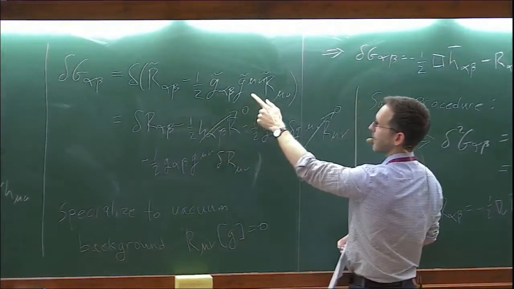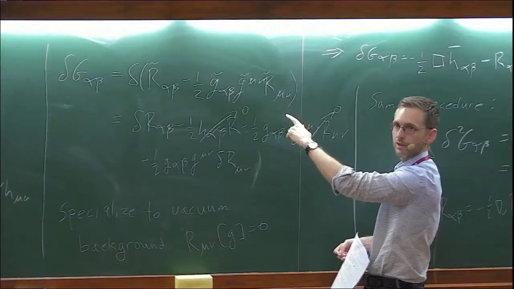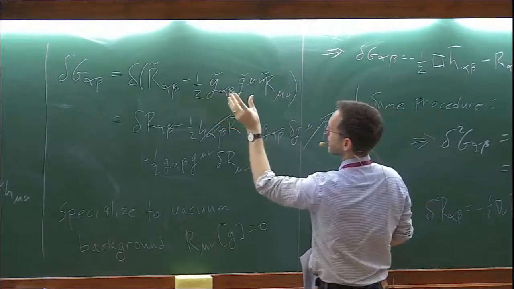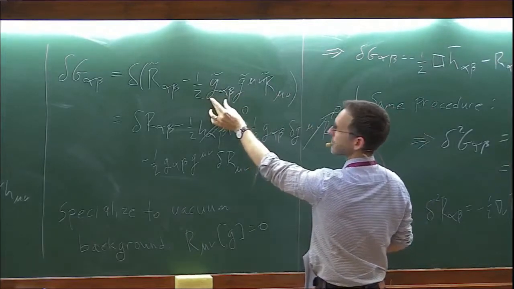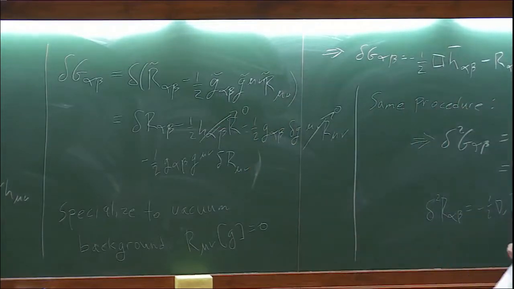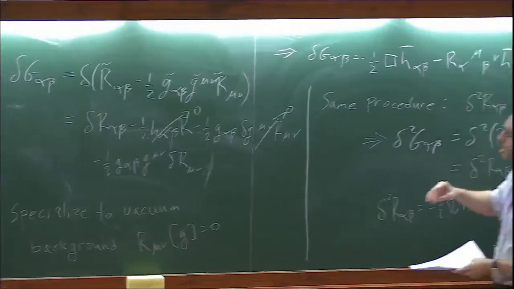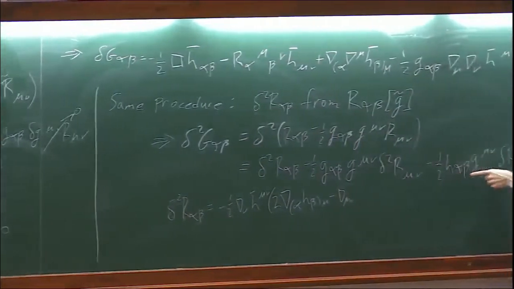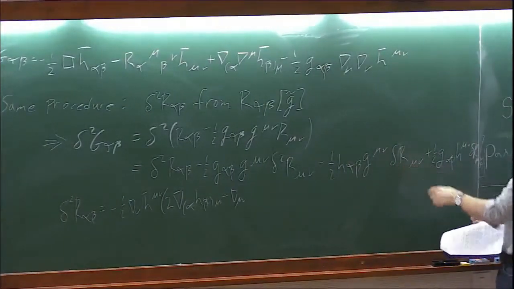And if you have another h there, that's a quadratic piece, it's not a linear piece. So if you're looking for the linear piece, you can only get one h, and the rest has to be background quantities. Yes, so when we're looking at the delta squared, that's why here you have things like this, h times delta R. Yep.